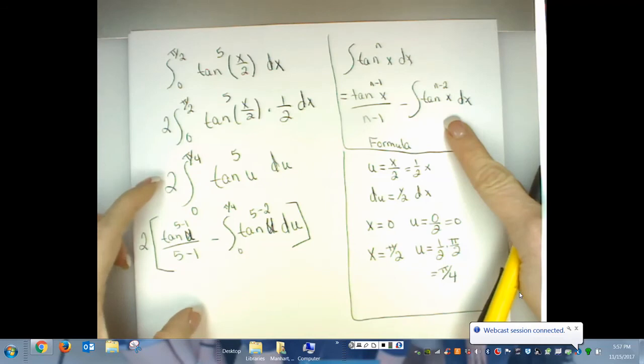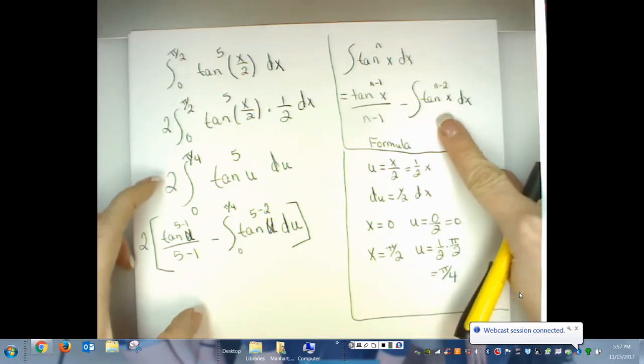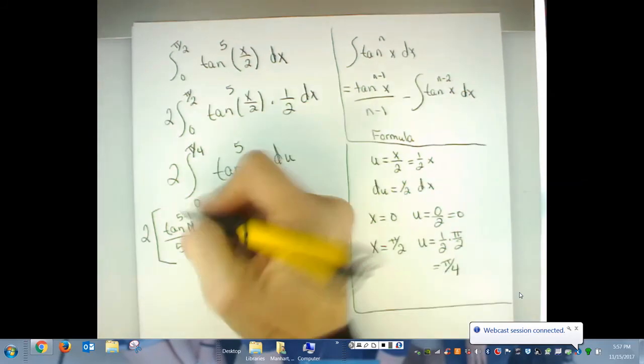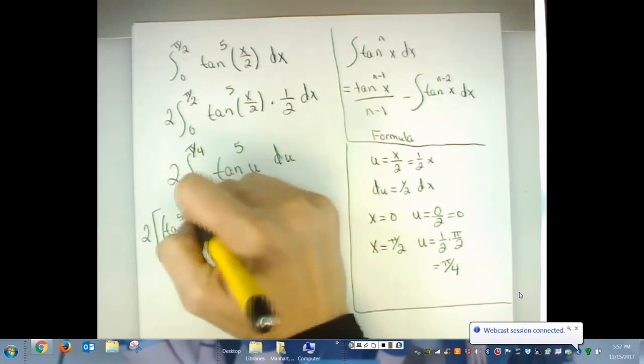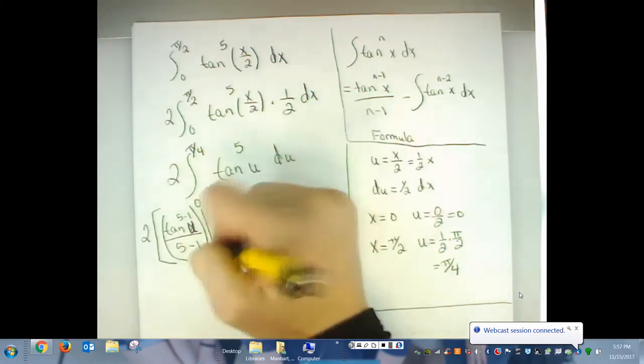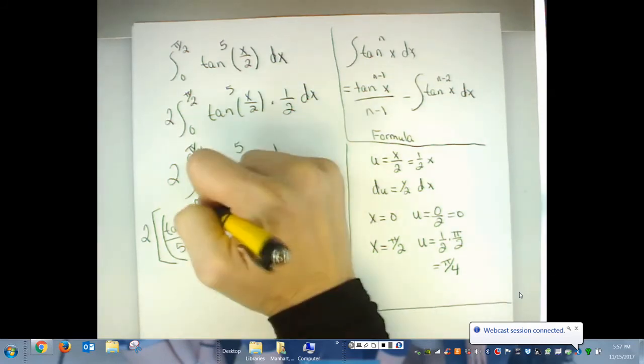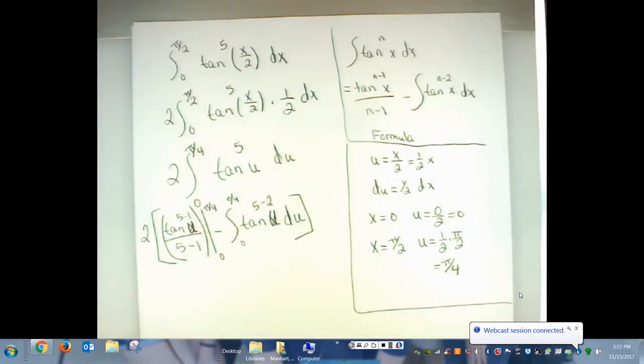I needed to keep this formula from the sheet in terms of u. You will also have to do this: tangent of u to the 5 minus 1 over 5 minus 1 from 0 to pi over 4. So we're going to simplify.